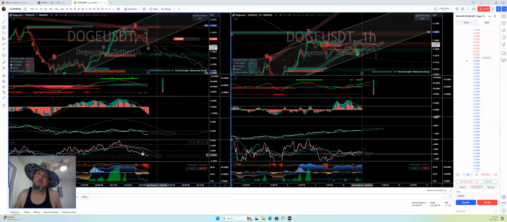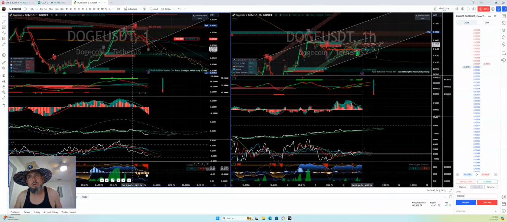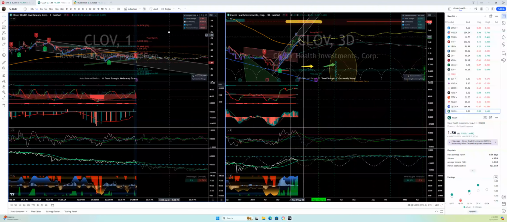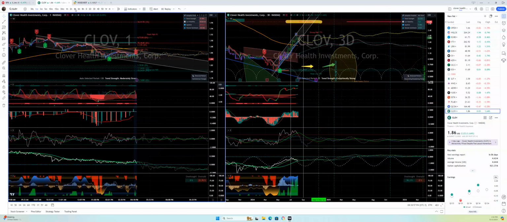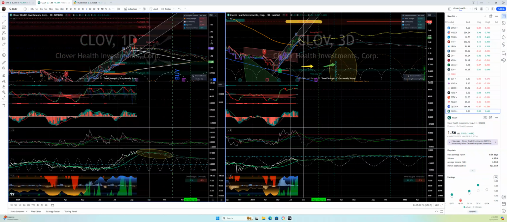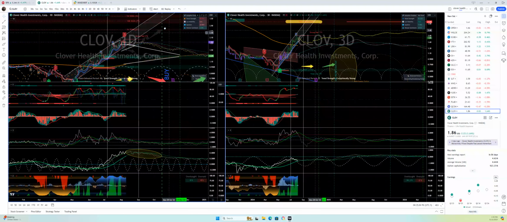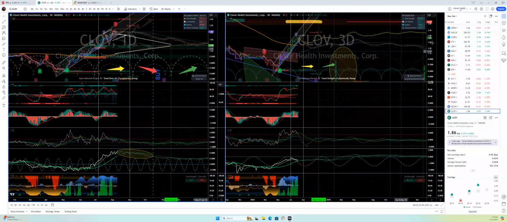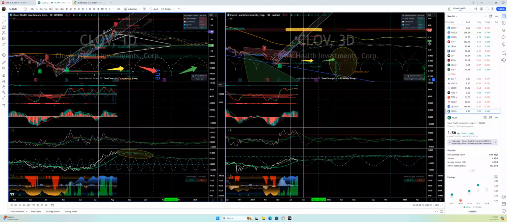Suggesting it to go down. Negative cash flow indicators are pointing down. Histogram's negative. So, you go to Clover Health over here, not the 1 minute, but the 1 day, right? And see how it looks versus some of the same setup that I had going on over there to the other one, right?